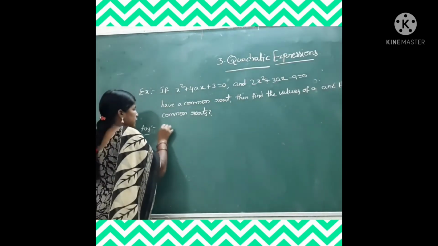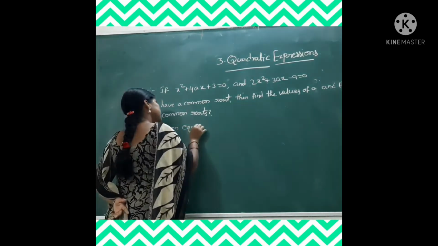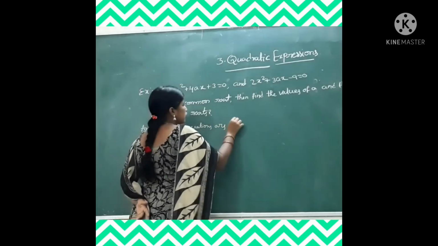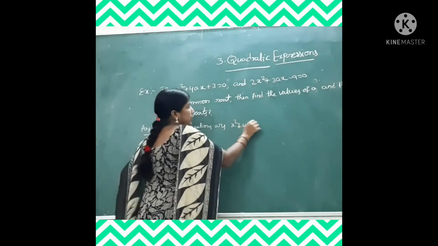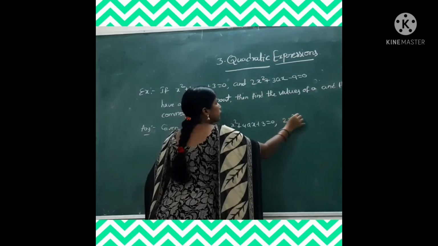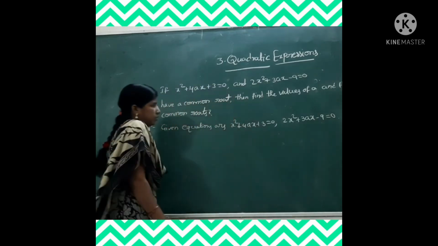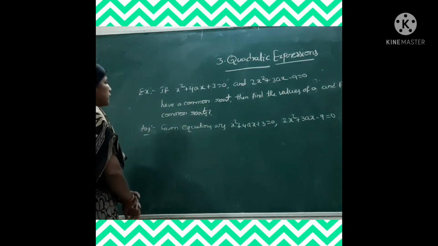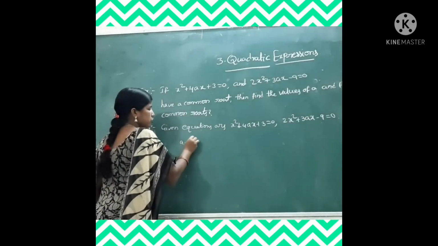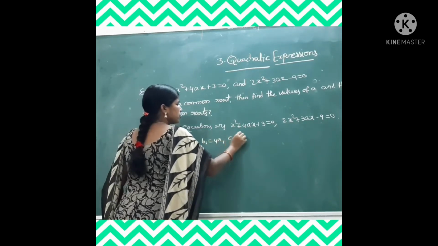First we write the given equations: x square plus 4ax plus 3 is equal to 0 and 2x square plus 3ax minus 9 is equal to 0. Now comparing with the two quadratic equations, we get a1 is equal to 1, b1 is equal to 4a and c1 is equal to 3.